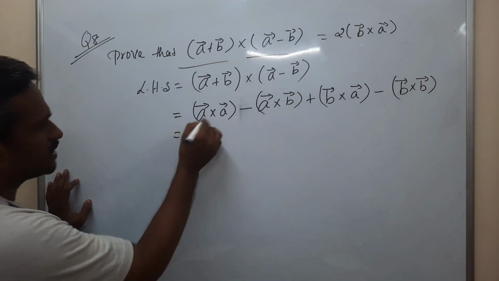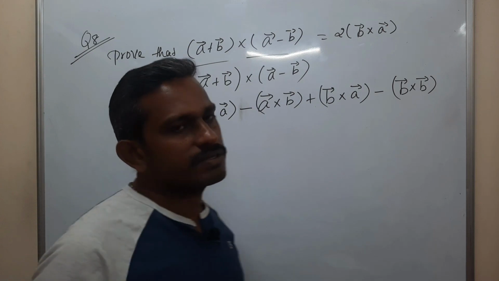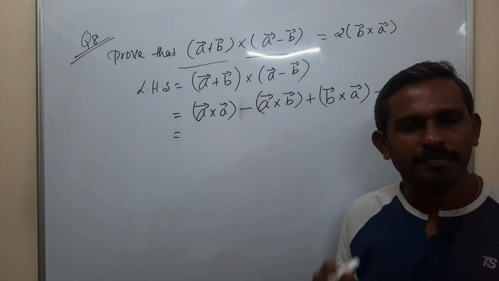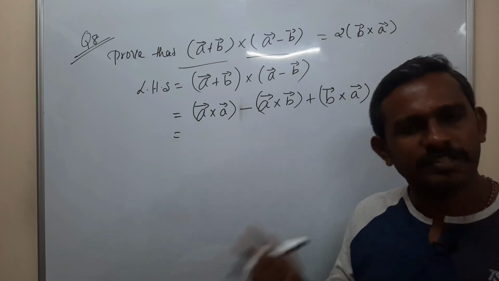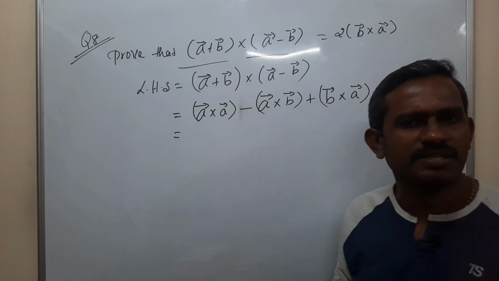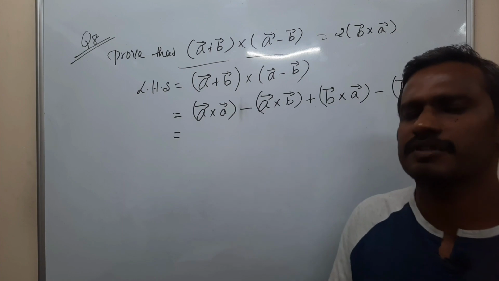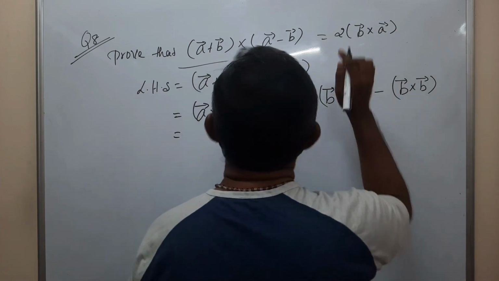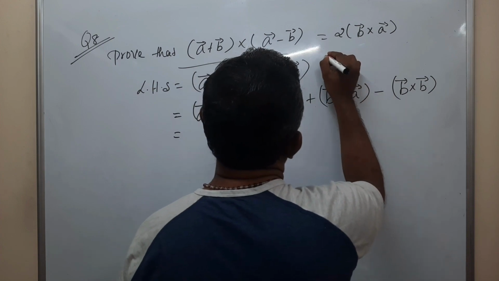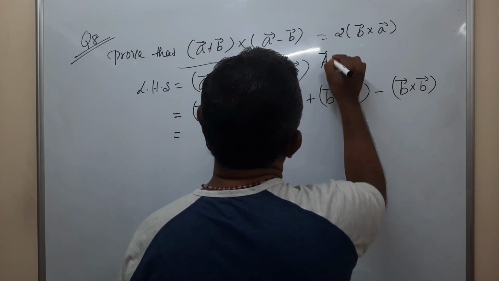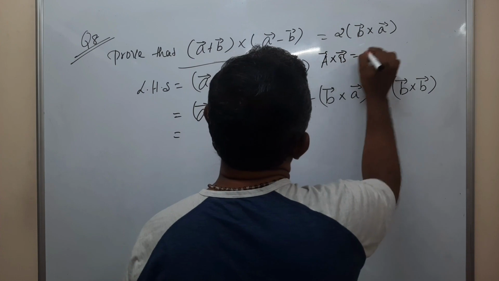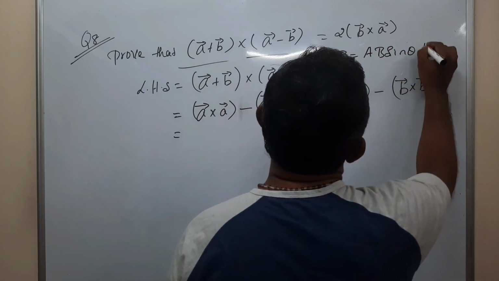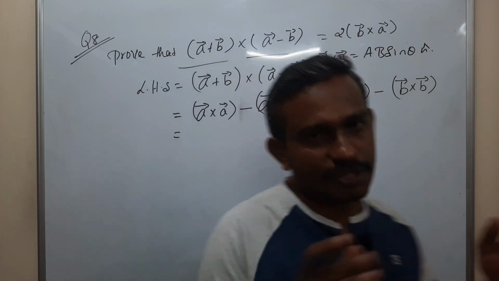So what is A vector cross A vector? That is equal to 0. I cap cross I cap is equal to 0. A vector cross A vector is equal to 0 because the angle between the two vectors is 0. The cross product, A vector cross B vector is equal to AB sin theta into n cap, where theta is the angle between the two vectors.